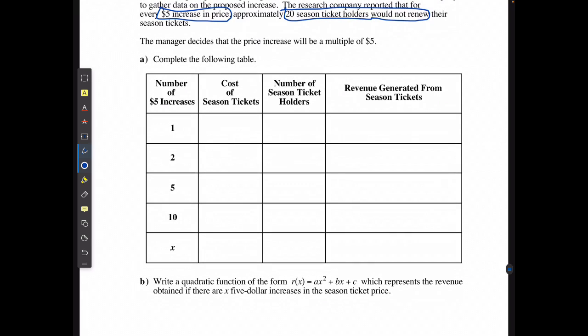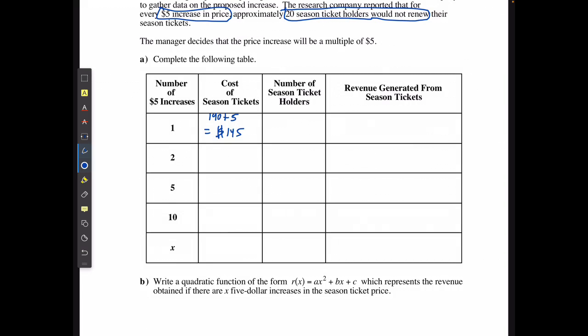So if he decides that the price increases will be in multiples of $5, then if I have one price increase, I'm taking that $140 and adding $5, which is going to be $145.